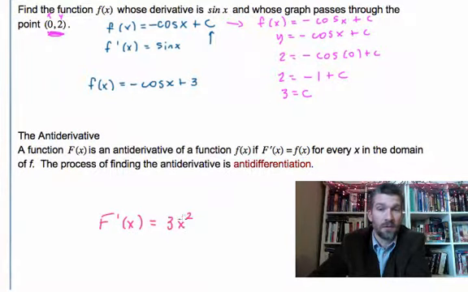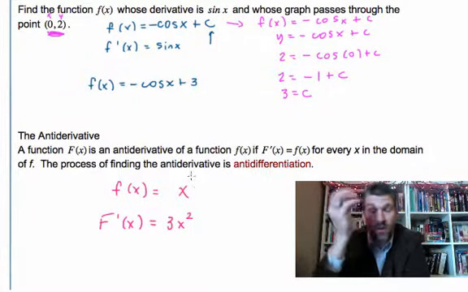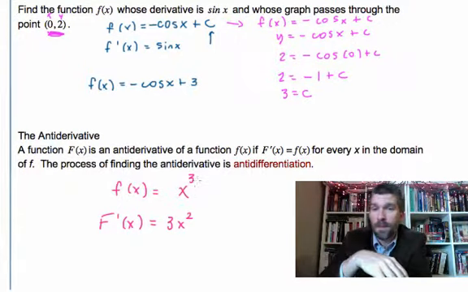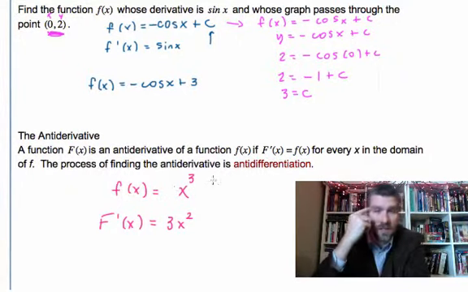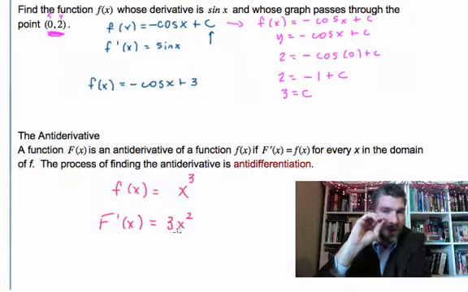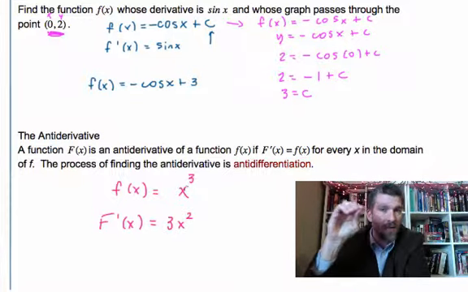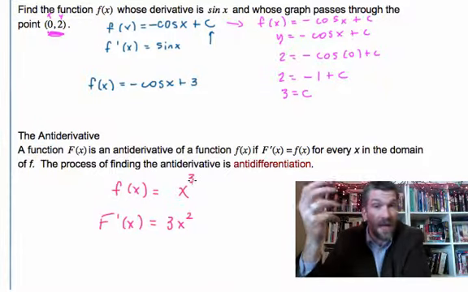Okay, notice the relation here. If I started down here with the f prime of x, when I find the antiderivative of it, I just ask, the derivative of what is 3x squared? We have to think just a little bit, but it's not hard thinking. If we've got x squared in a derivative, I had to have an x cubed.